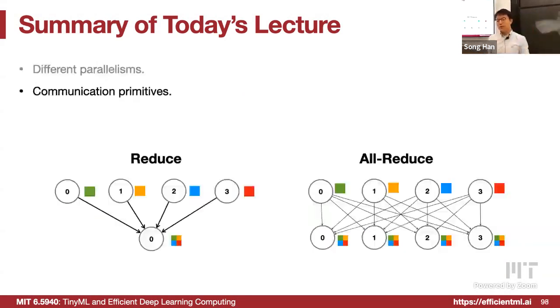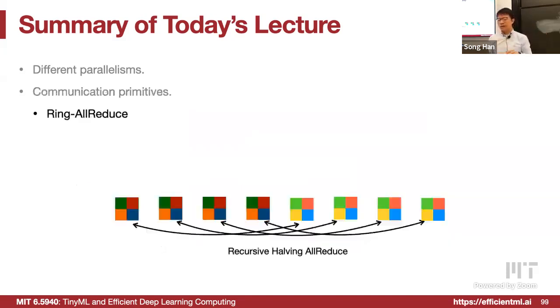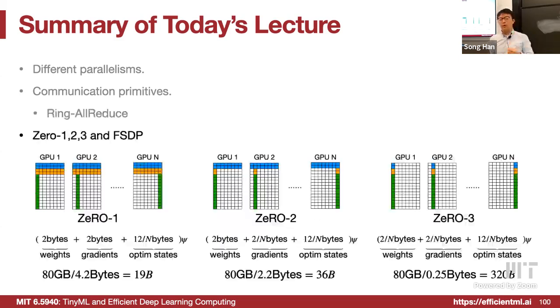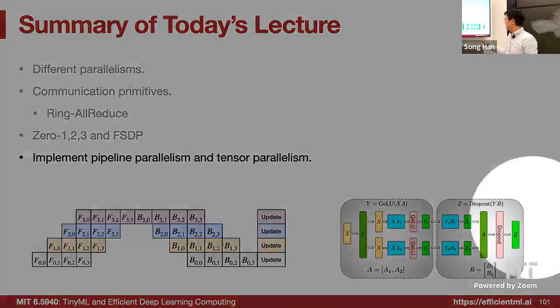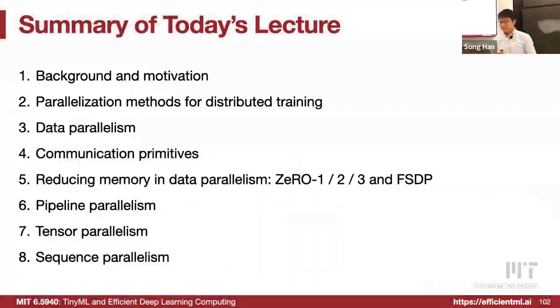We also talked about these communication primitives, the reduce, the all-reduce operation, and also this magic ring all-reduce, and this recursive halving all-reduce using log n complexity. We also talked about ZeRO 1, 2, 3, and FSDP, which is probably the most popular technique for distributed training in PyTorch, and also how to implement pipeline parallelism and tensor parallelism in the context of large language models.